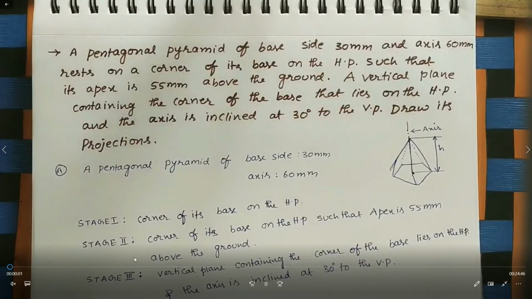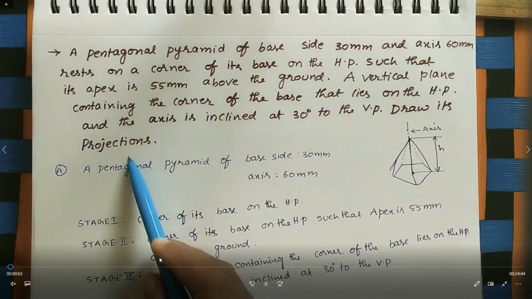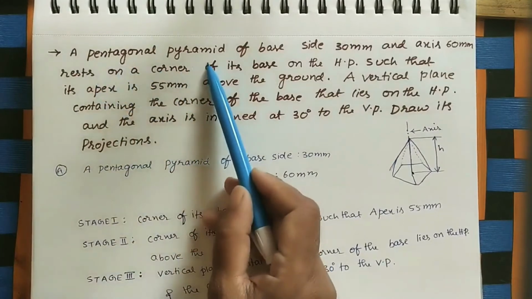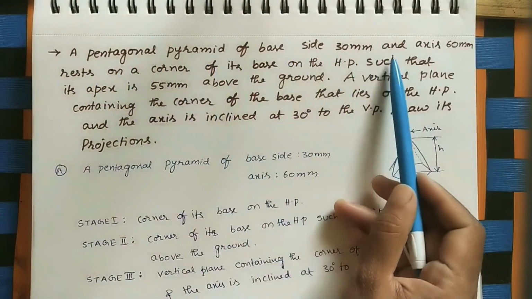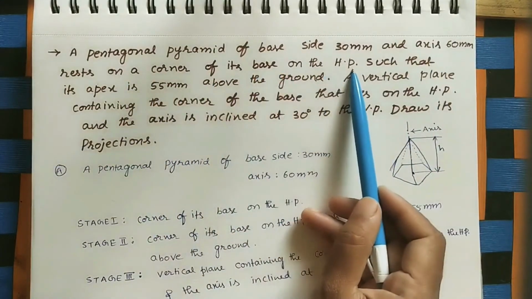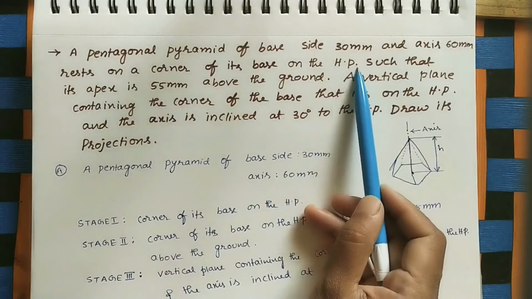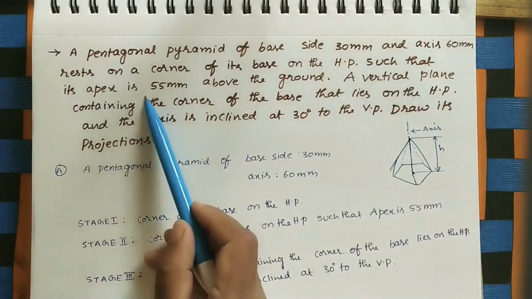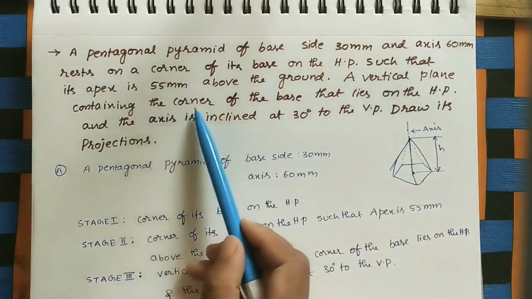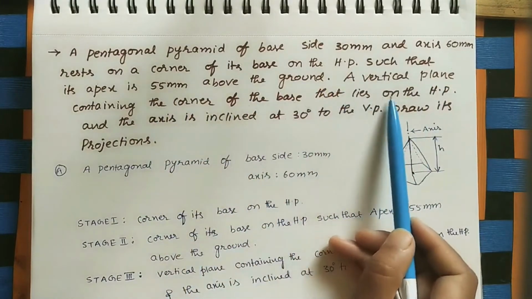A pentagonal pyramid of base. Now these are the examples of pyramids. The previous two problems were prisms. Now we discuss the pyramid. A pentagonal pyramid of base 30 mm side and axis 60 mm rests on a corner of one of its base on the HP such that its apex is 55 mm above the ground.